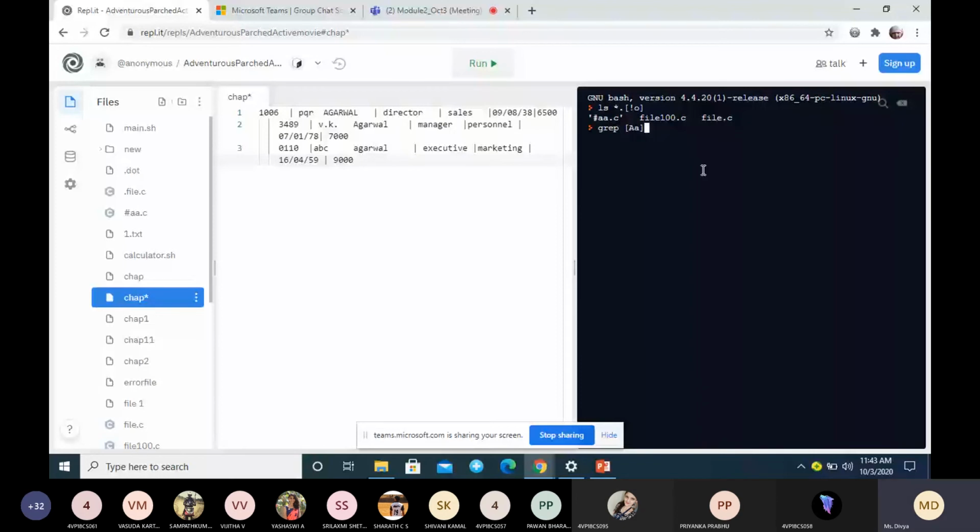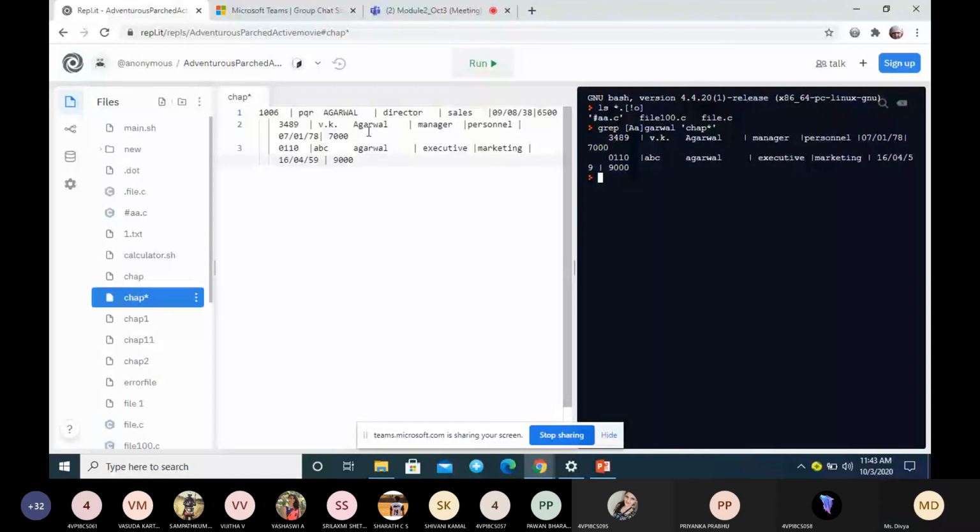The remaining characters are GARWAL and the file name is CHAP star. Look at this. This will match both of these 2 lines, with the capital letter A or small letter A. But remember, this will not match the first line, where we have the entire pattern in capital letters.